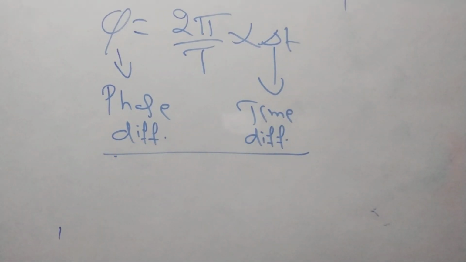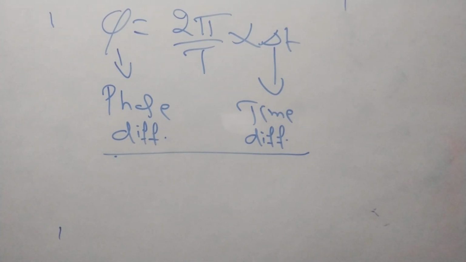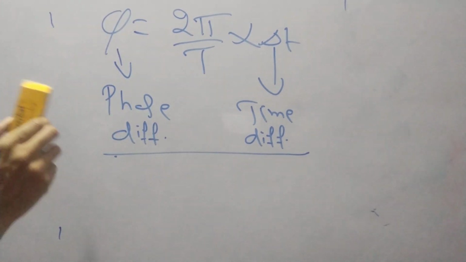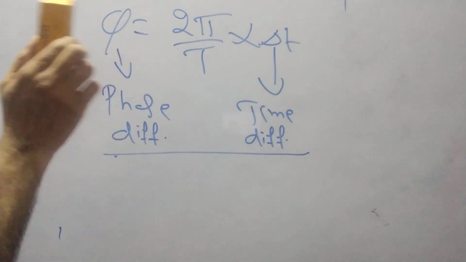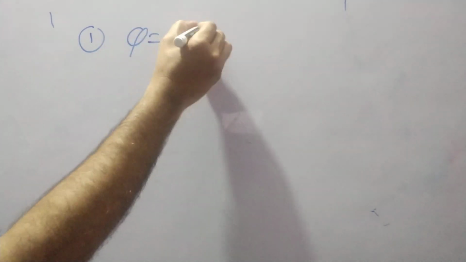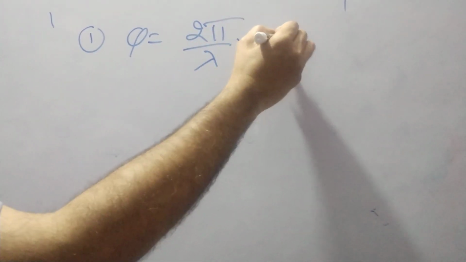Now we have two formulas: phase difference with respect to path difference, and phase difference with respect to time difference. I will write the two formulas here. The first formula: phi equal to 2 pi by lambda into delta x.